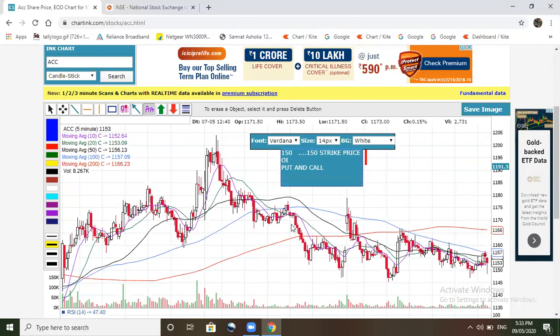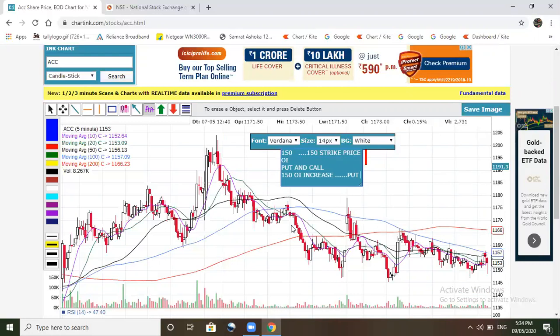Now what will happen? Suppose the price is going up, like it has become 152 or 154, and you find that at the 150 call side open interest has increased.